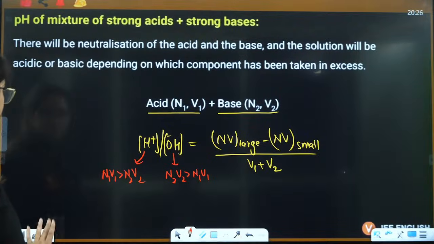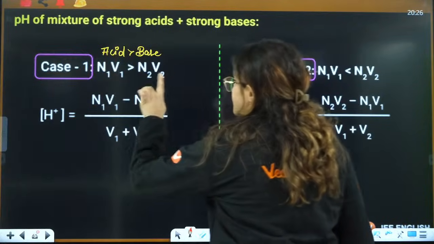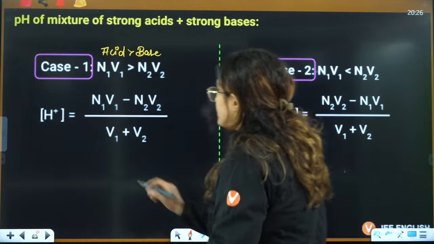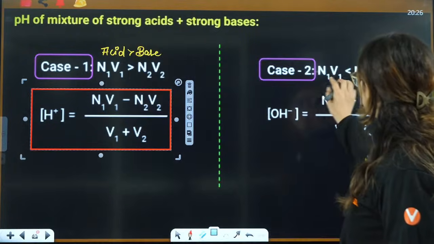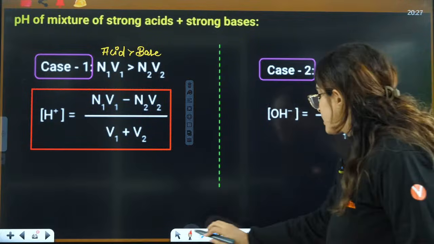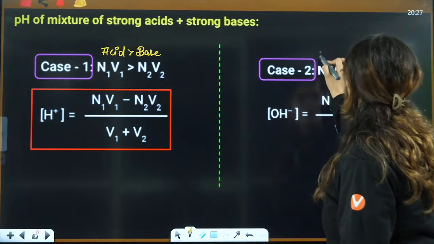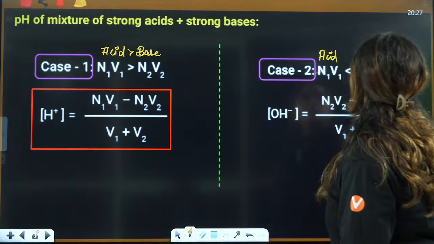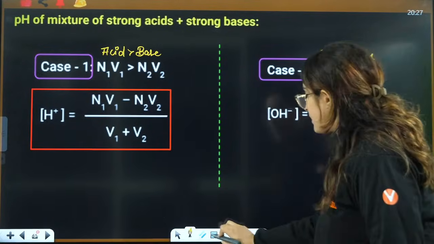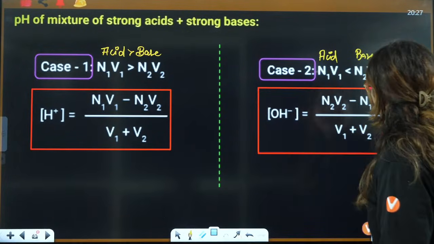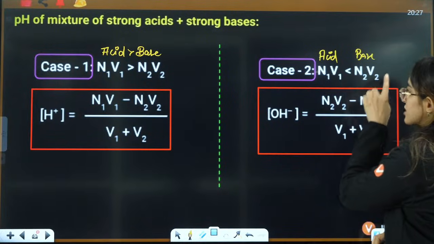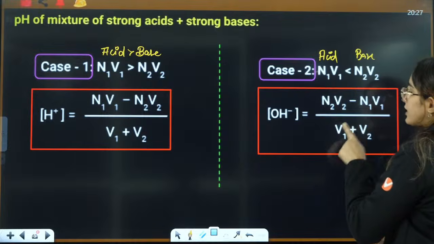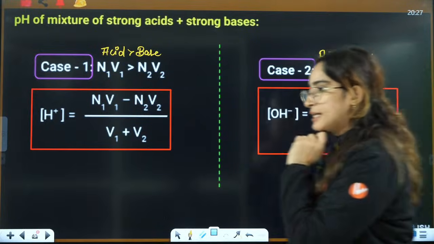Okay. So if acid is more, so it is acidic, N1V1 minus N2V2 by V1 plus V2. If I say this is acid, this is a base, and base is more, then N2V2, the larger, will be subtracted from the smaller, divided by V1 plus V2, right?